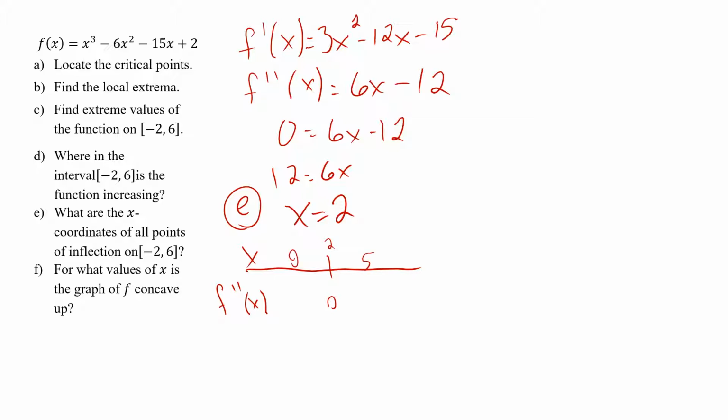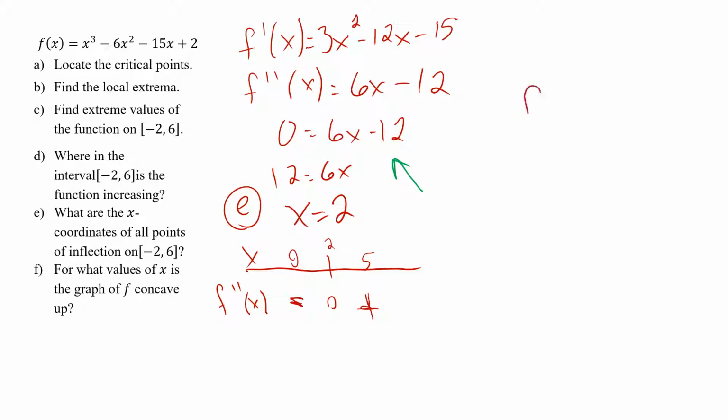All right, so if we plug it in here, 6 times 0 is 0 minus 12, that's negative. Plug in 5, 6 times 5 is 30 minus 12 is positive. So yes, it is a point of inflection.